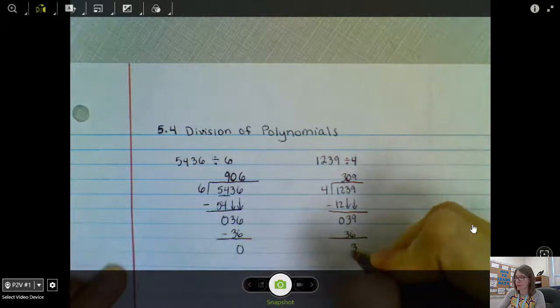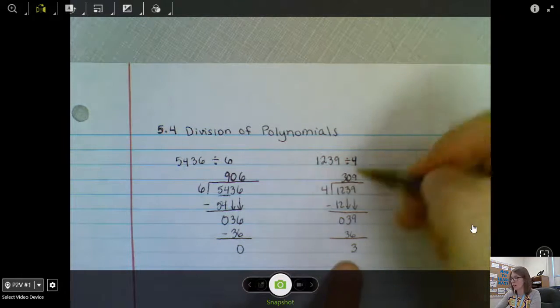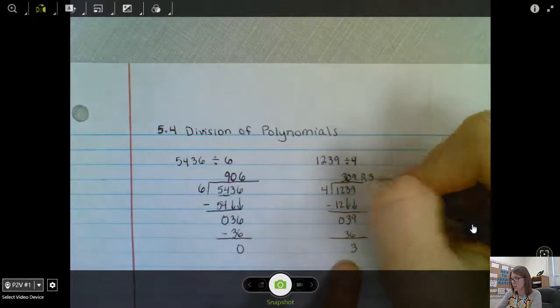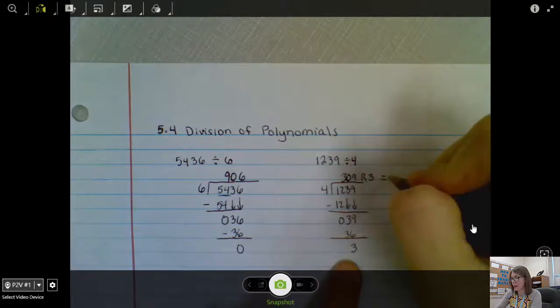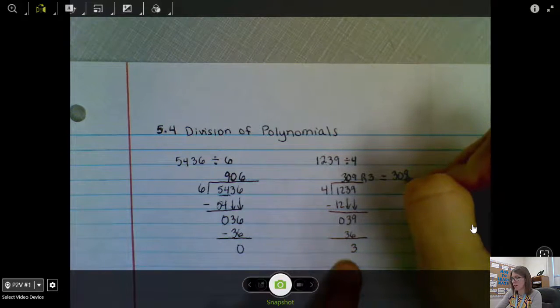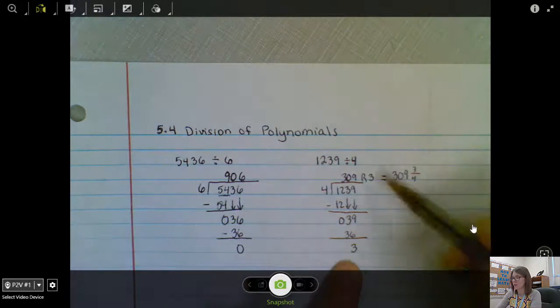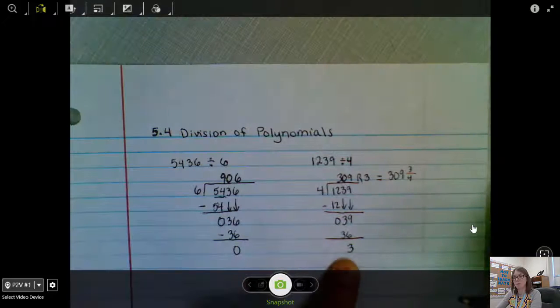And we have 3 left over. So our answer would be 309, remainder 3, which probably a better way to write that is 309 and 3/4. So I have 309 and 3/4.